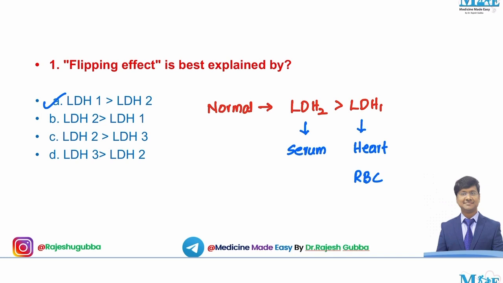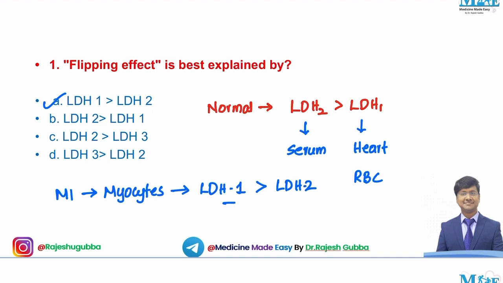Now why does this occur? This will occur in cases of myocardial infarction. Whenever there is a myocardial infarction, the damaged myocytes will cause the release of LDH1 into the bloodstream, resulting in the LDH1 value in serum being more than that of LDH2.